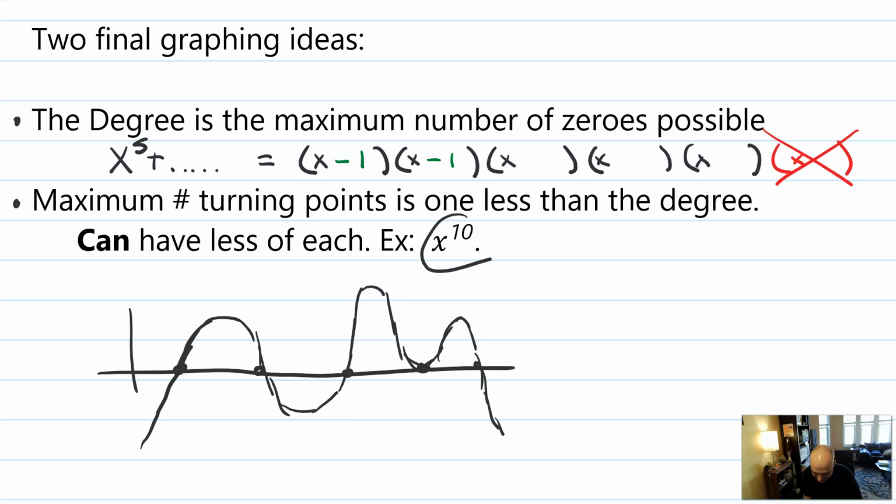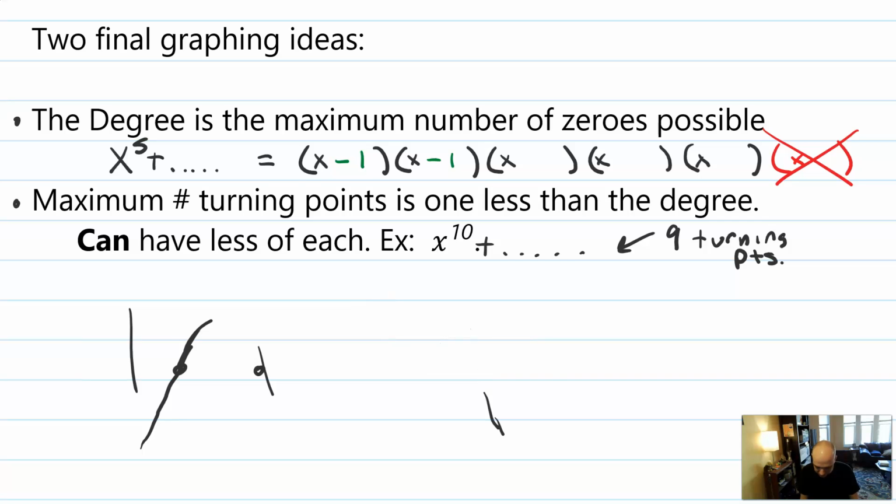So say that I had an x to the 10th plus a lot of other things, I would know that that would only be allowed to have 9 turning points. This isn't a particularly useful fact as long as you're not trying to get weird with your graphs.